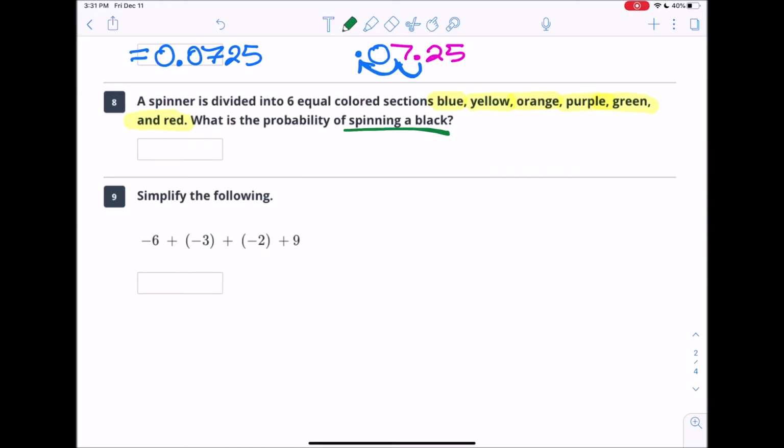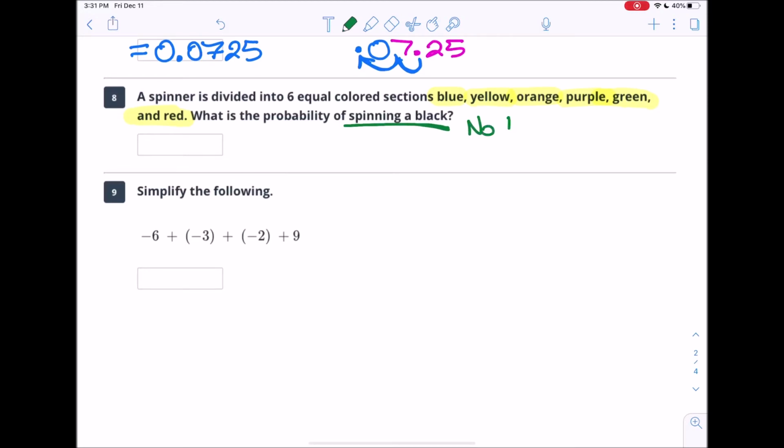Well, there's no black on the spinner. If it's not on the spinner, then there's no probability of getting it. So the answer is going to be 0. There's 0 probability. There's no black on the spinner. So you can't do anything with it.